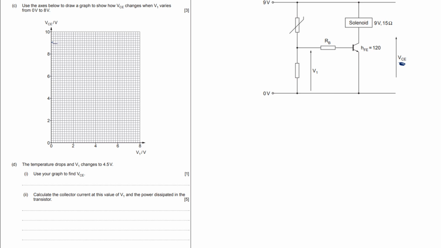And then it will be fully on when V1 reaches about 6.4-ish, so about there, I think it will be. About there will be fully on. So it's going to be kind of like this: off, active, saturated. Remember, the gradient's the active bit, the off bit is there, and the saturated bit is there.